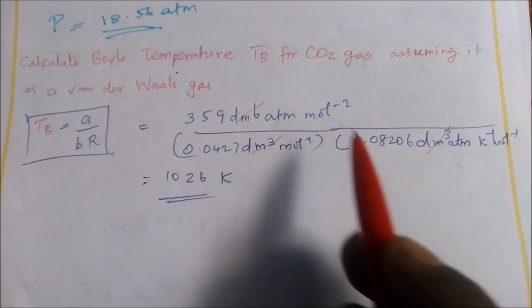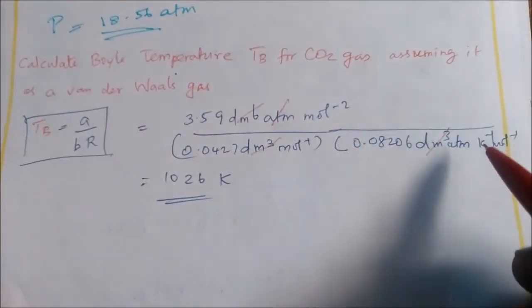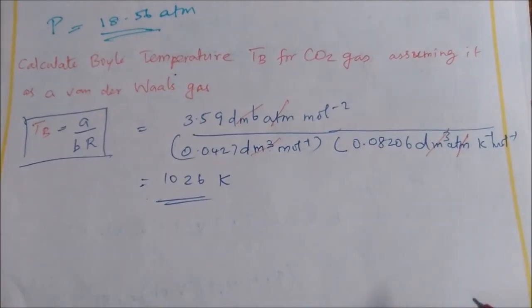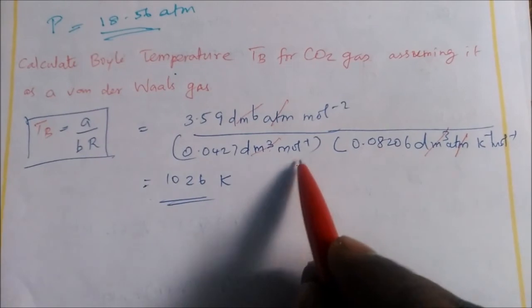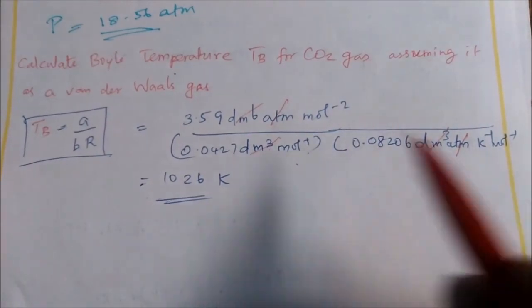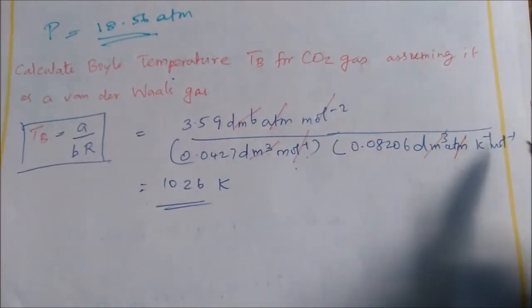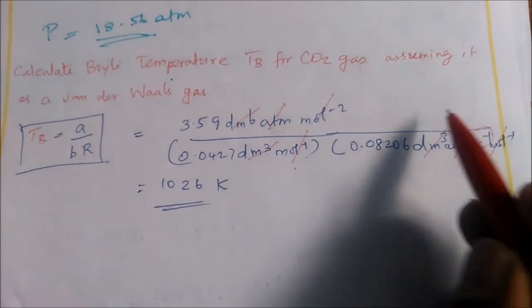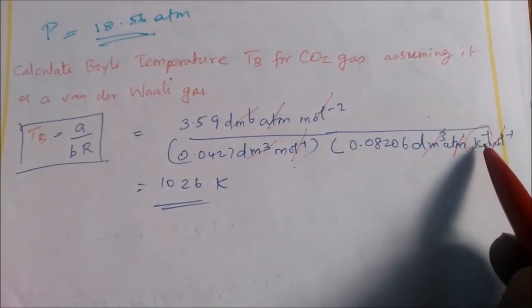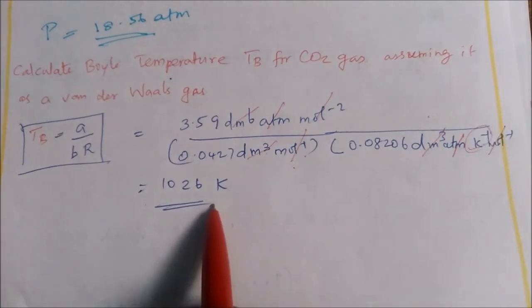We have atm here, and atm here also, that can also be simplified. And mole power minus 2 here, we have mole power minus 1, mole power minus 1, so both can be simplified. And the K inverse, when it goes to the numerator, Kelvin inverse will become Kelvin.